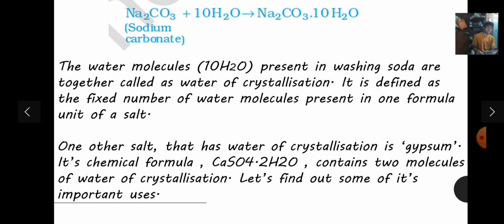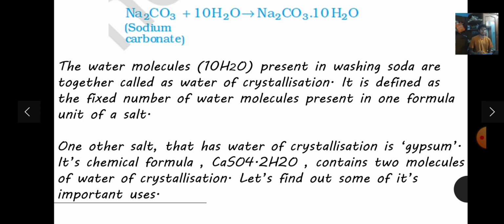The water of crystallization is defined as the fixed number of water molecules present in one formula unit of a salt. This whole is a single unit, which is called washing soda. Another salt that has water of crystallization is gypsum.